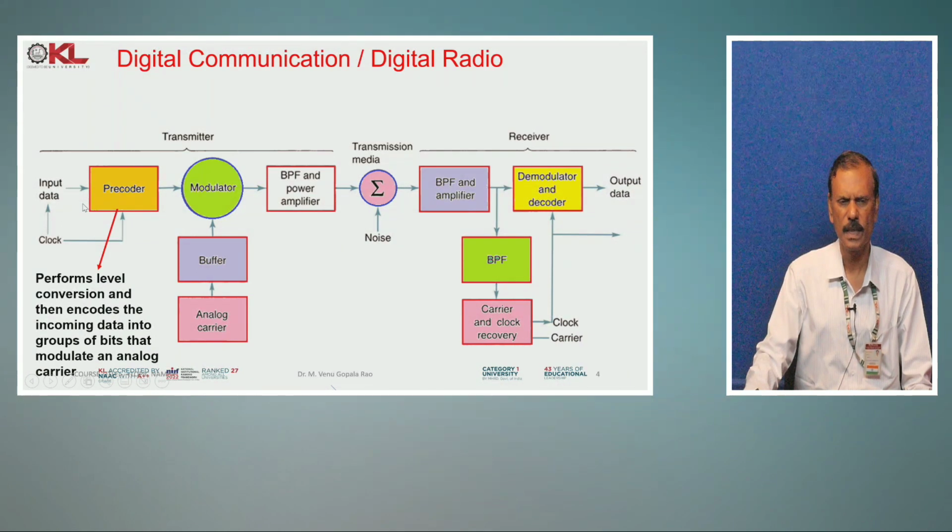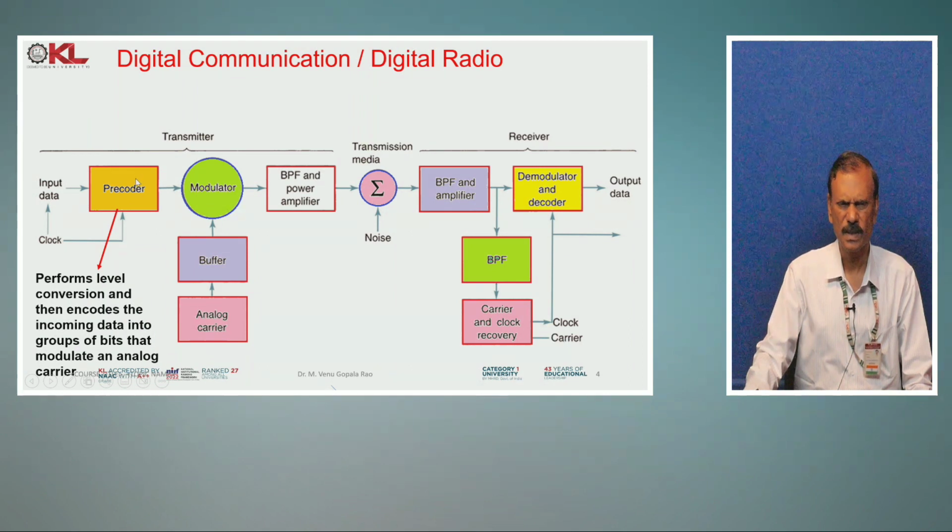Or, if directly digital data is available, for example from a computer, or textual information with encoding, then somehow we get the digital signal here. This is the function of the precoder.